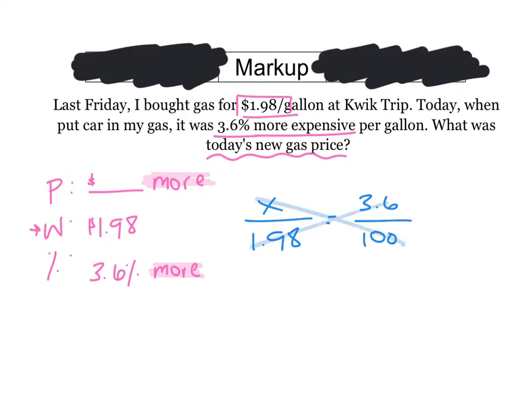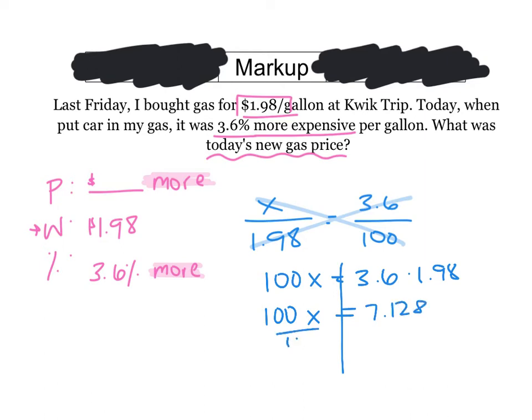So we go ahead and we cross multiply. 100x equals 3.6 times 1.98. 100x equals 7.128. Divide by 100 on both sides. X equals 0.07128. But we're talking about money. Money is 2 decimal places.